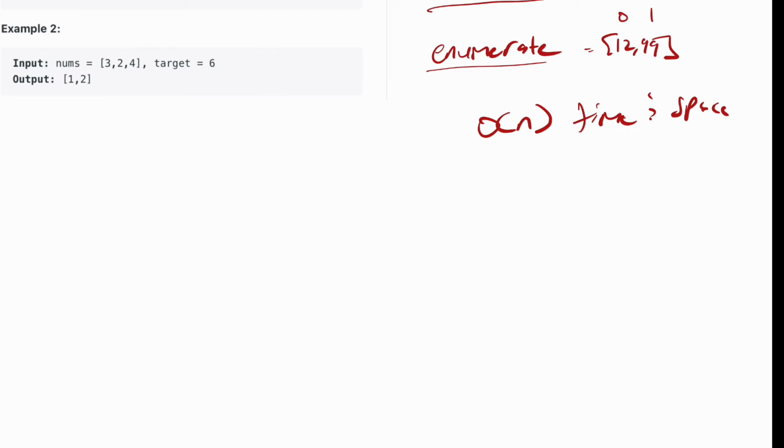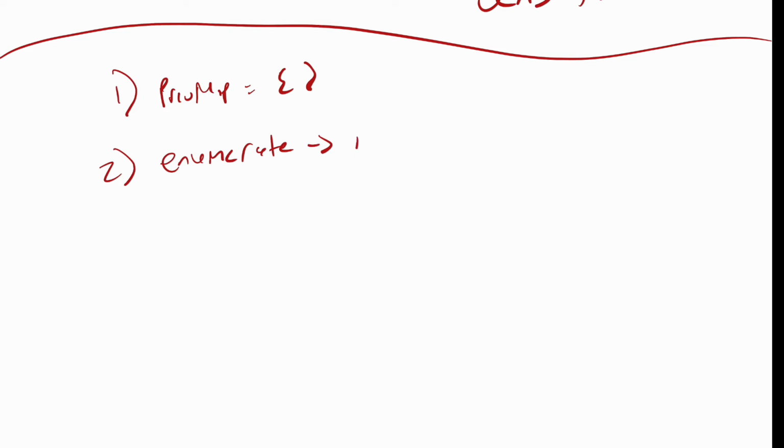With that being said, we'll jump into our coding solution with just a couple of things kept in mind. Number one, we're going to keep track of a hash map, right? We're going to call that previous map. That's going to be our hash map. Two, we need to utilize enumerate, because enumerate is going to tell us both the indexes and the value at that position.